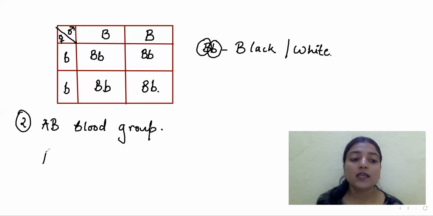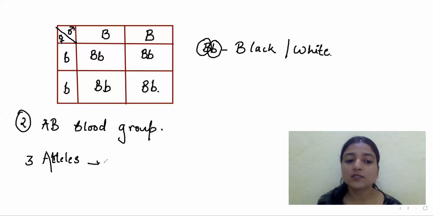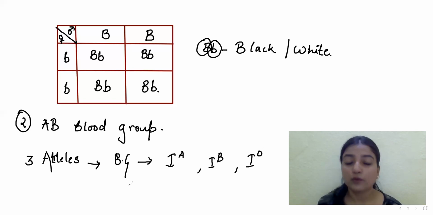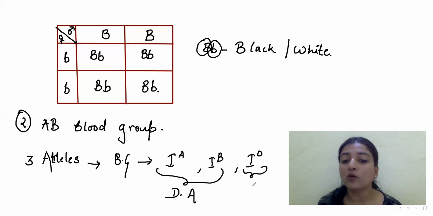There are three alleles which are responsible for the blood group. They are IA, IB, and IO. Here IA and IB are the dominant alleles, whereas IO is the recessive one.